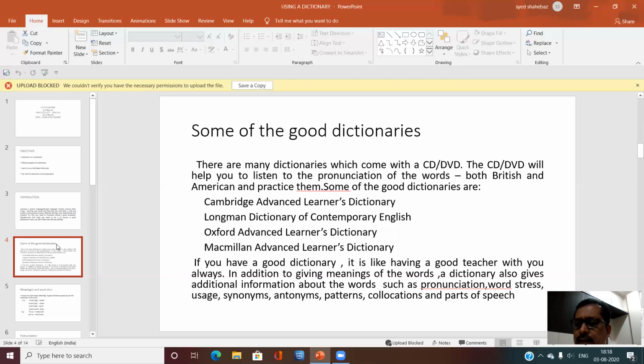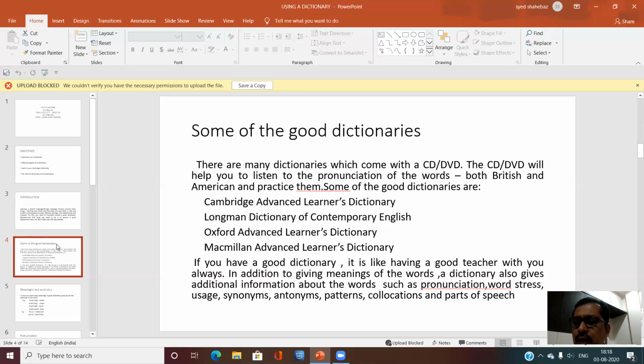If you play that CD or DVD in your laptop or desktop, you can use the dictionary digitally. The CD and DVD will help you to listen to the pronunciation of the word. So this is an added advantage.